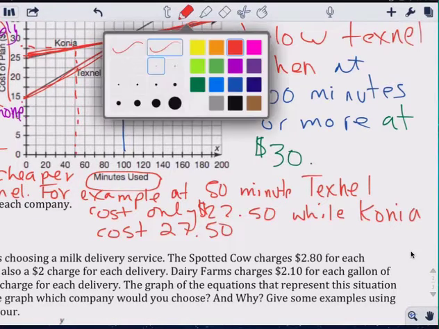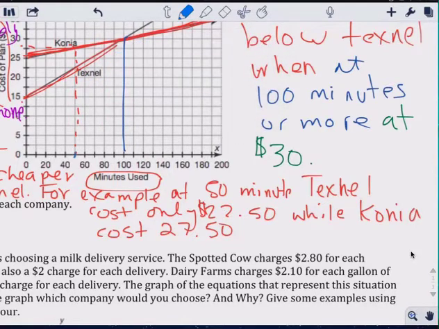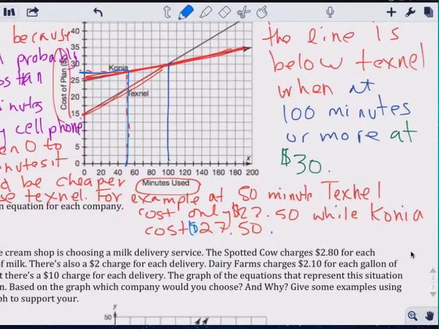So if you noticed, at 50 minutes, Kanye costs $27.50. So it's a savings of $5 if you use Text Nil.